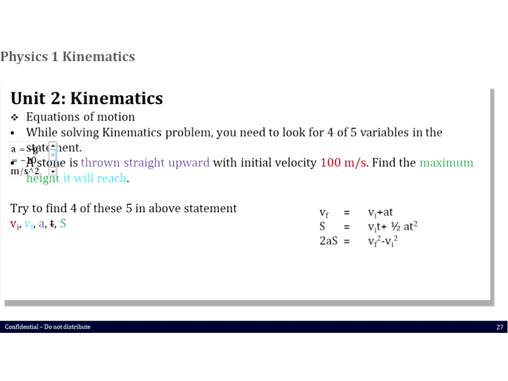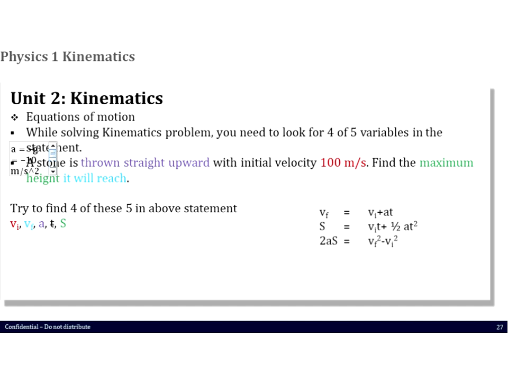Now, with initial velocity of 100 meter per second, so VI is equal to 100, not 1000 meter per second. Find the maximum height. When you say maximum height, it means that you need to find out S. It means that, as I gave you the clue, VF will be equal to 0 at that point. So VF is equal to 0 meter per second. That is the characteristic of the highest point.